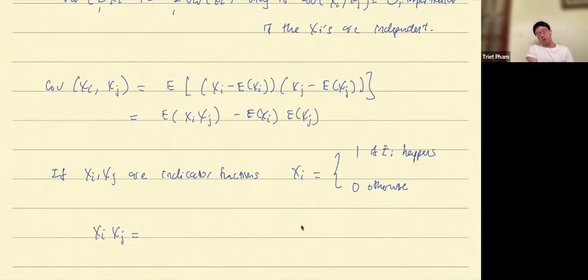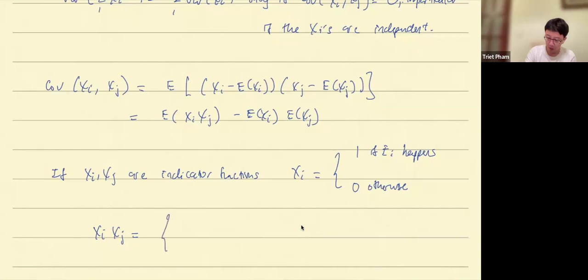If you multiply two indicator functions, what do you get? Well, if you multiply ones and zeros together, you still get ones and zeros.